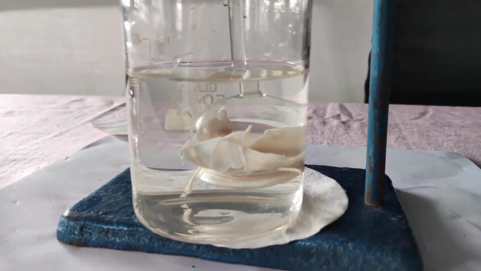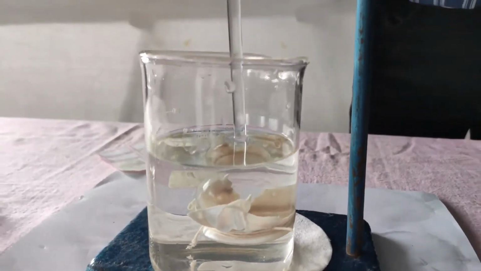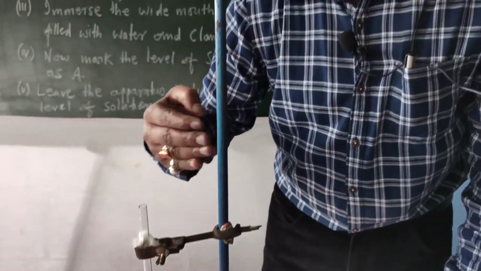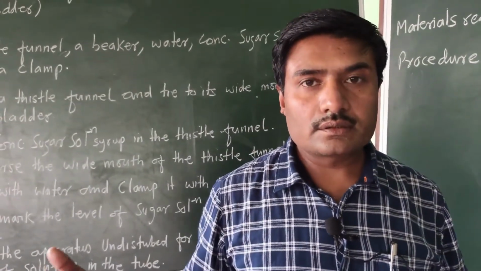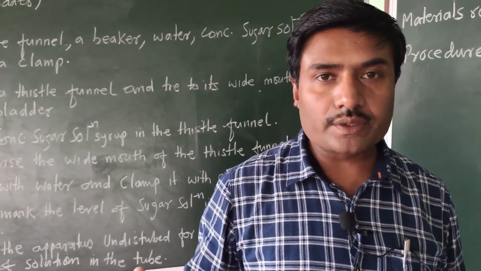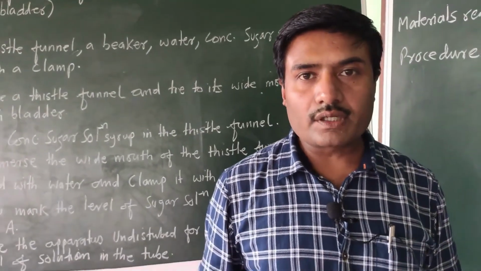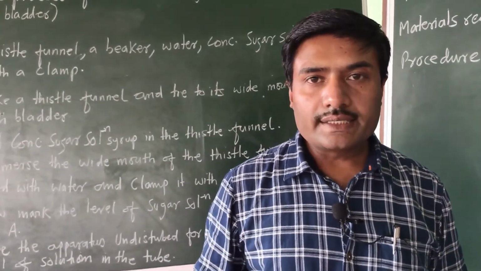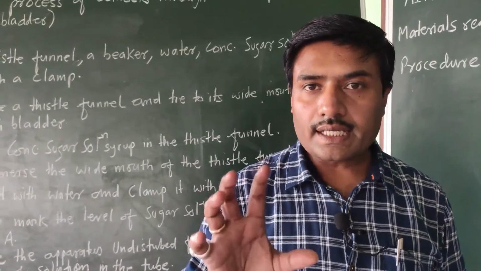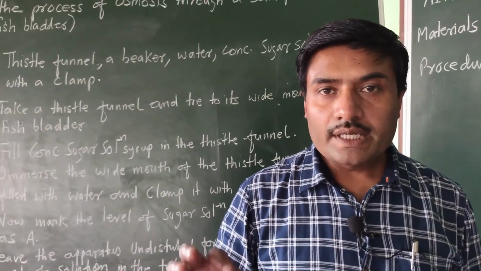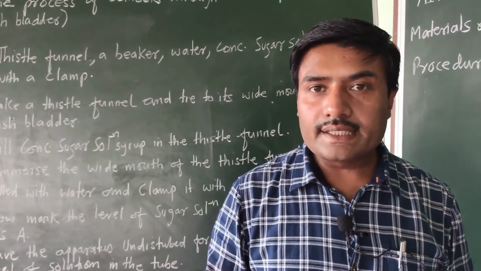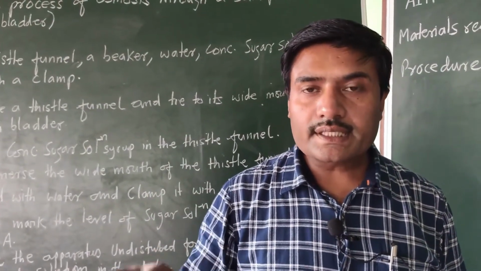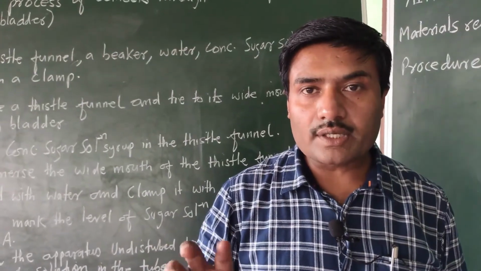So this way the plant absorbs water and minerals. Now let's try to relate this with the absorption by root chapter. Here the thistle funnel acted as a root. Inside, the sugar solution acted as the cell sap. The cell sap contains less amount of water and concentrated chemicals, that is why it is called cell sap.